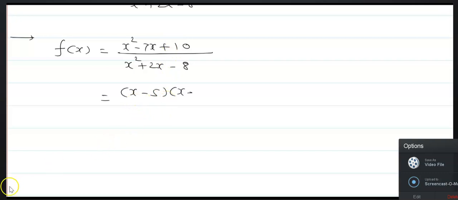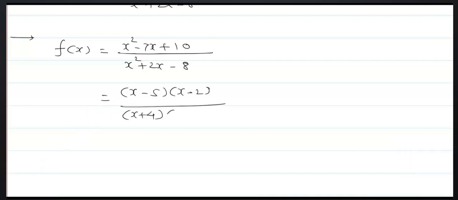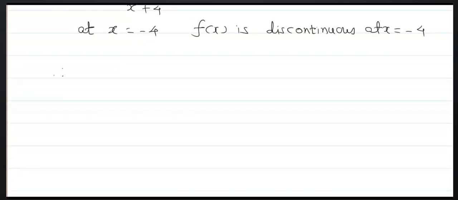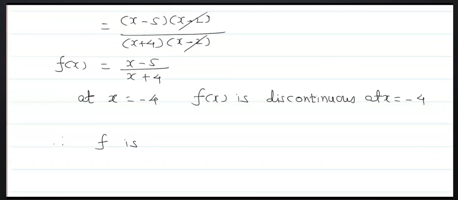The factorization is x minus 5 into x minus 2 upon x plus 4 into x minus 2. The x minus 2 get cancelled, and then you will get f of x is equal to x minus 5 upon x plus 4. At x equals minus 4, the given function is discontinuous.